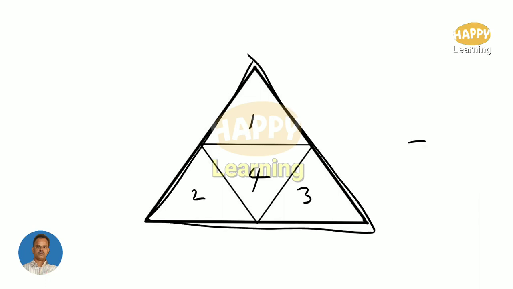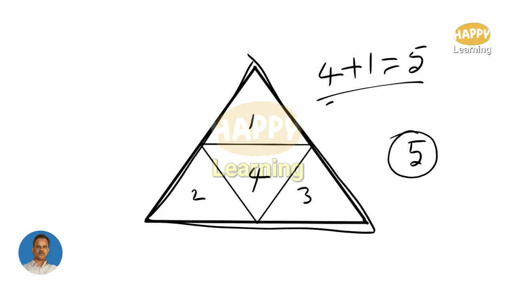So total there are 5 triangles. 4 plus 1 equal to 5. This method is followed.